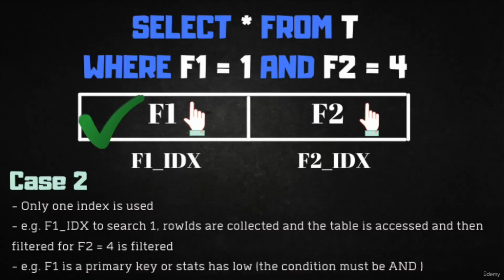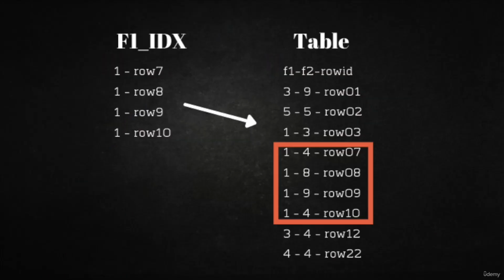So that's case 1. Let's talk about case 2. Case 2 is when the optimizer decides to use one index over the other. So let's take an example. The database decides to use the F1 index only, searches all the rows for the value of 1, and then we collect all the rows and don't use the second index, right?